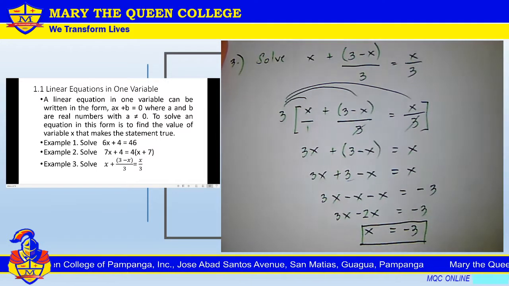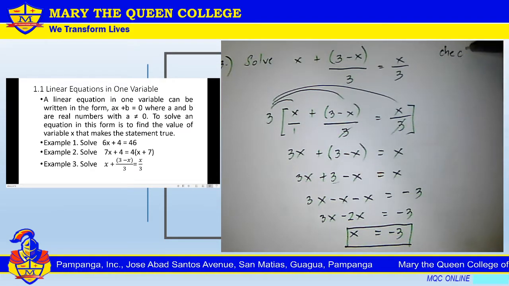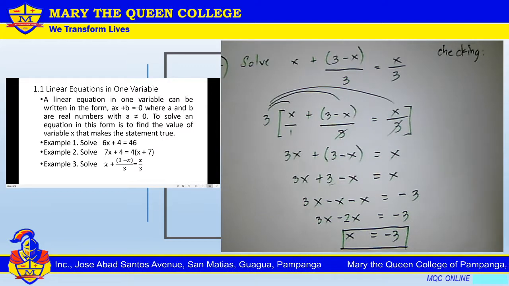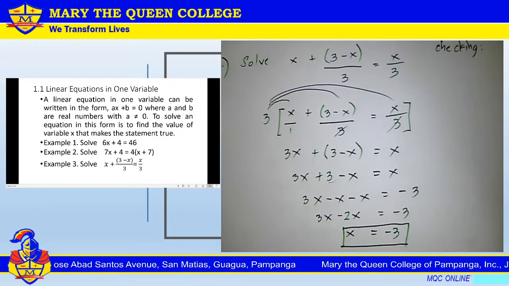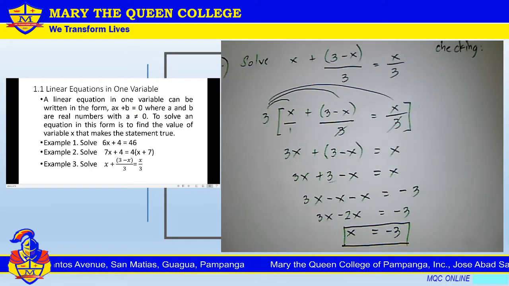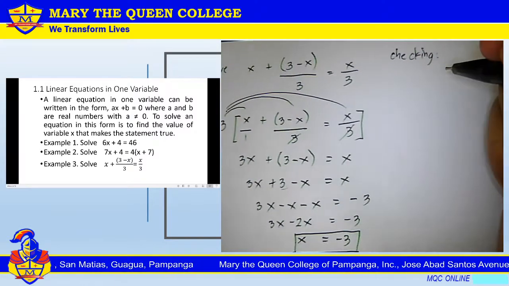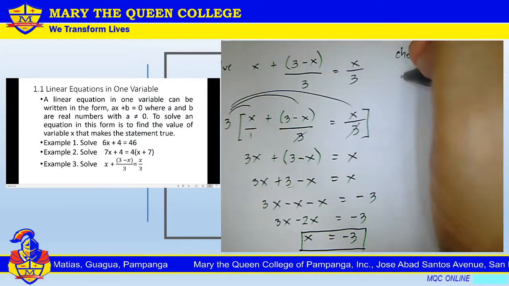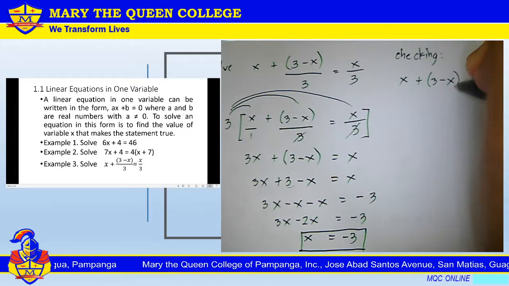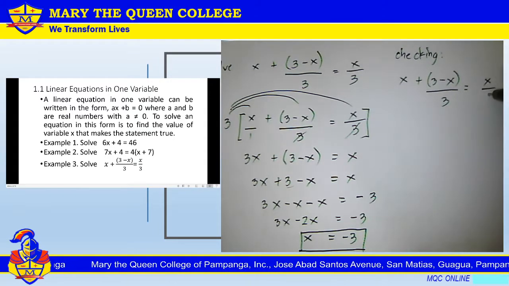Okay? So if you'd like to check, checking is actually done for the purpose of checking if your solution is correct. So using the original equation, we have x plus 3 minus x all over 3 would be equal to x over 3.